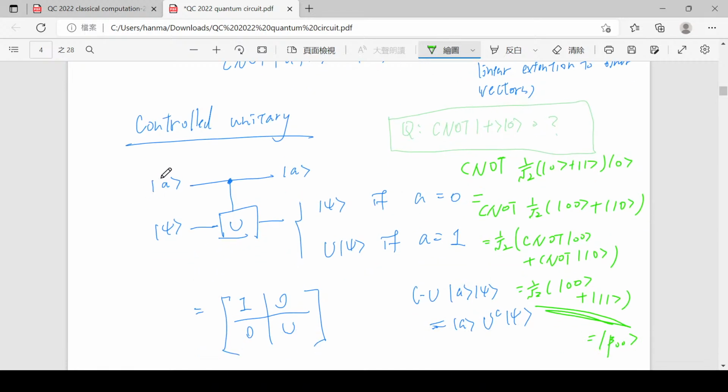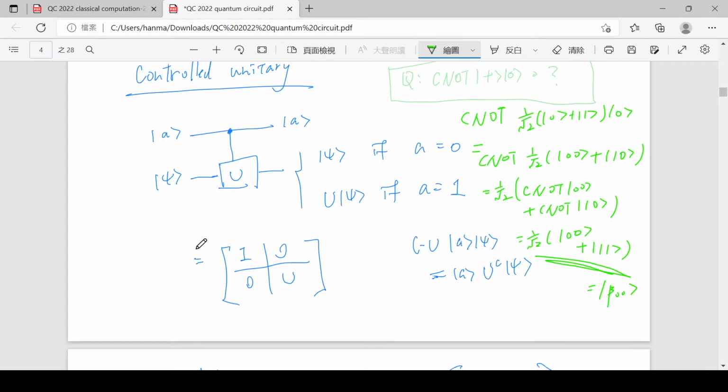If you have a computational basis state A as input and some arbitrary state psi on the second qubit, then the gate doesn't do anything on the control qubit, it stays A. On the second qubit, if A is 0, the gate does nothing, so it stays psi. And if A is 1, then we apply the 1-qubit gate U on psi. So we can have this very general controlled unitary.